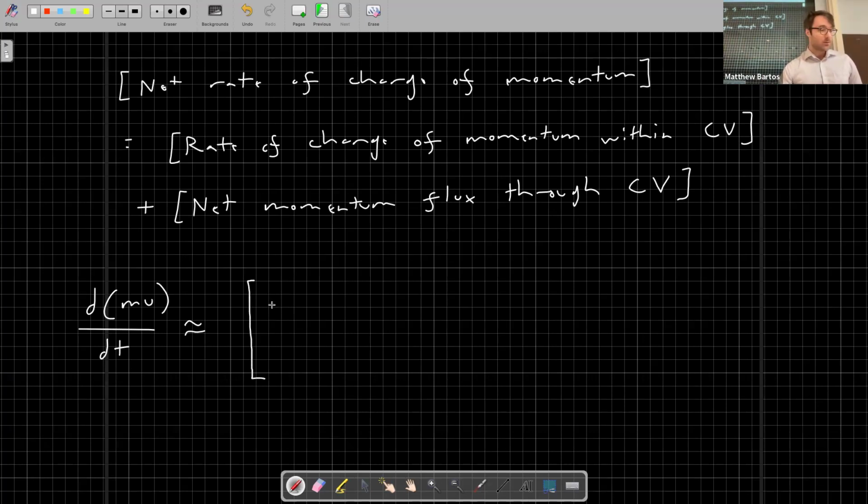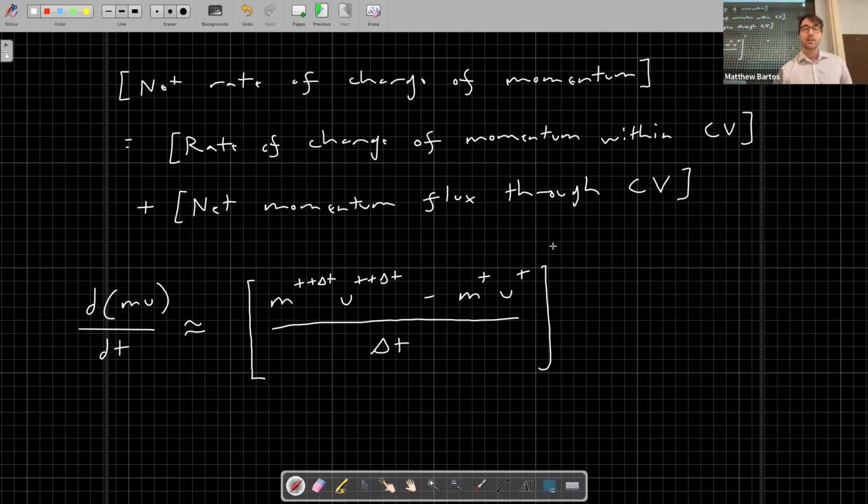This will be equal to the mass at time t plus delta t times the velocity at time t plus delta t, minus the mass at time t times the velocity at time t, all divided by our discrete time interval delta t. So that is the internal rate of change of momentum within the control volume.